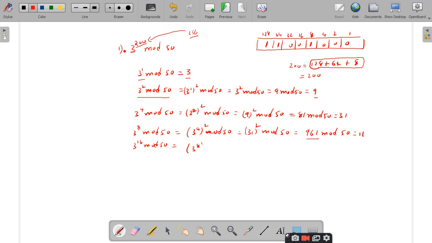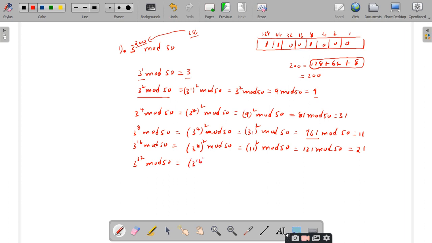I can write it as 3 power 8 whole square mod 50. What is 3 power 8? 11. 11 square mod 50, that is equal to 121 mod 50. So what is 121 mod 50? 21, sir.